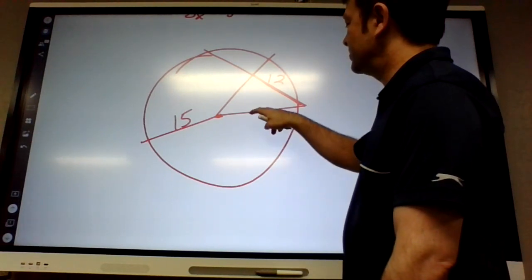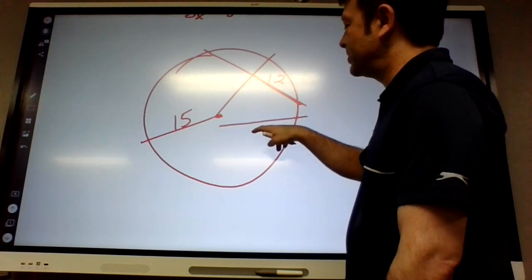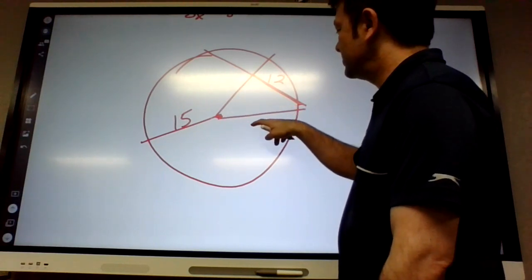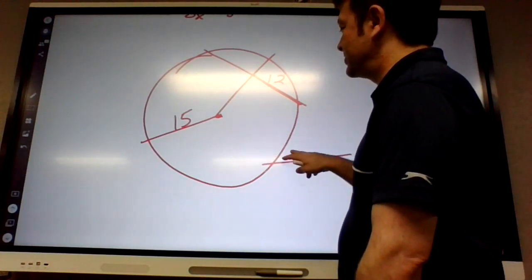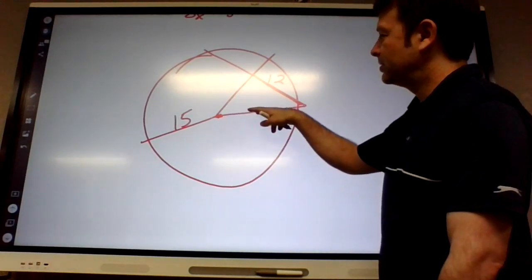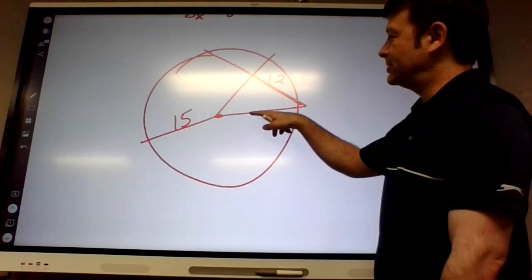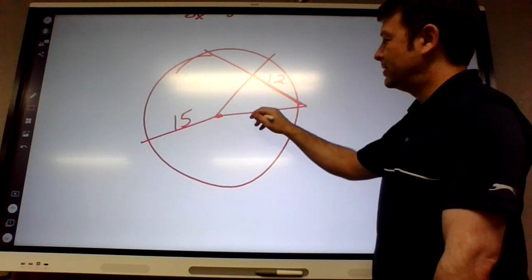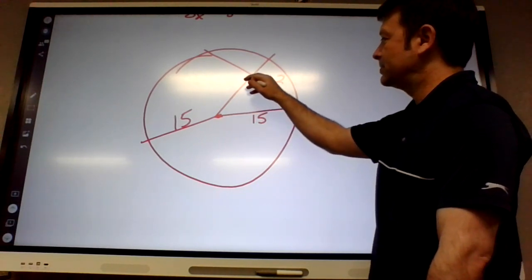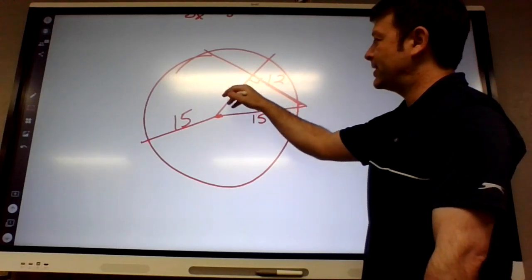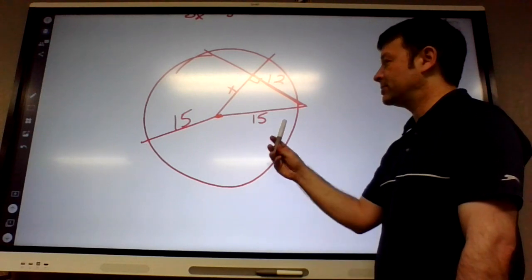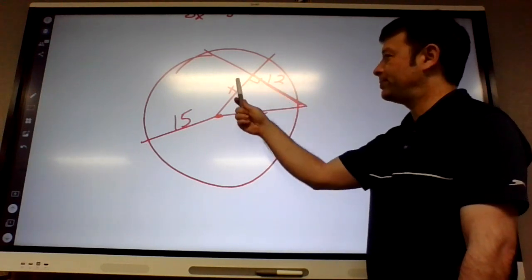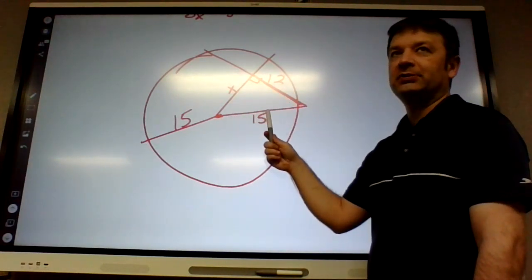Yeah, so this is really tricky. If the radius is 15, I drew in an extra line. Did you guys see me do that? This is not in the picture. But it is also a radius, right? And so that means it has to be 15. And this can help me find that. This was naughty of me to put this one on. So it's 12 squared plus x squared equals 15 squared.